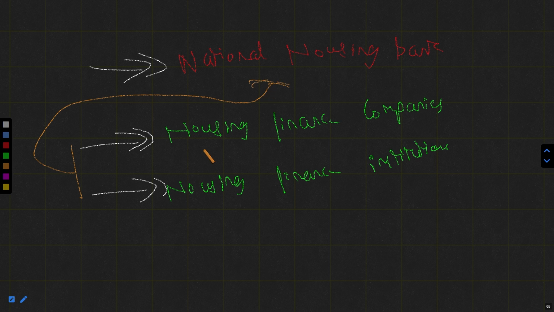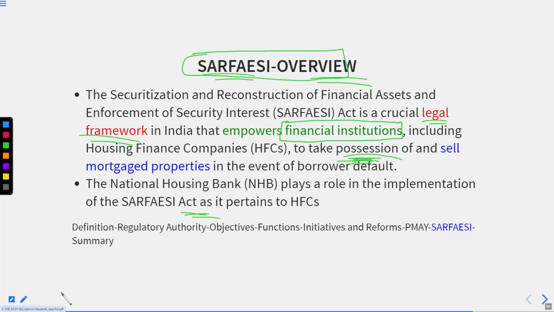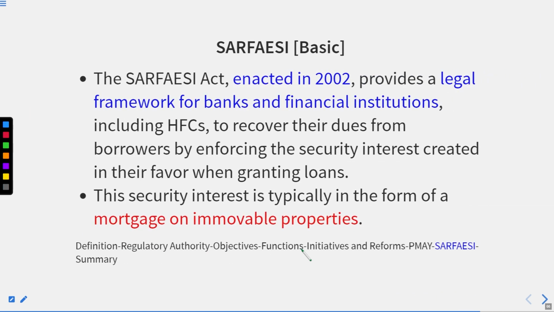Whenever these two grant a loan to people for making houses, they also ask for some mortgage in order to recover the amount in case of default. So NHB plays a crucial, pivotal role in the implementation of SARFAESI as far as it concerns the HFCs, meaning housing finance companies. All right, let's move ahead.